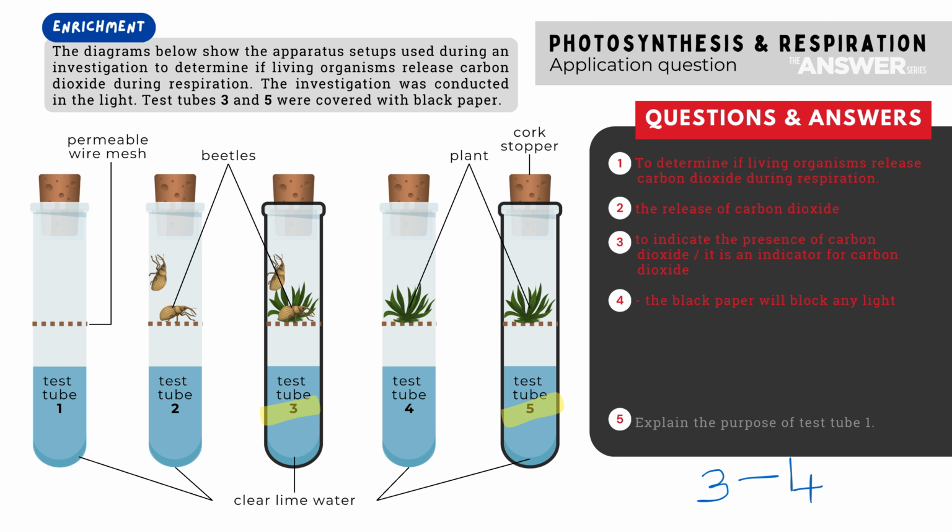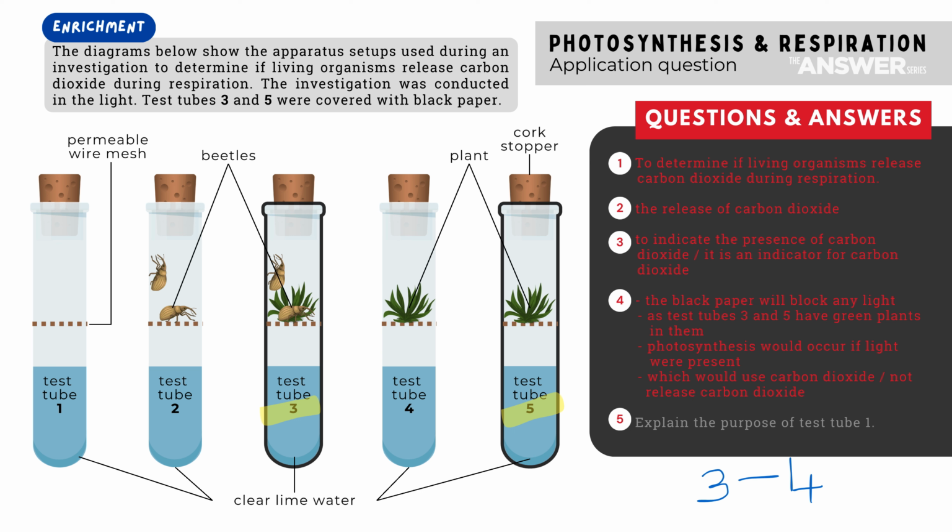Now, why would it be important to block the light in these 2 particular test tubes? Well, they both have a green plant in them. Why is that a problem? Because the green plant would photosynthesize if it were exposed to light instead of performing respiration. So photosynthesis would be the main chemical process taking place in that plant. If photosynthesis was happening, the plant would not be releasing carbon dioxide, but rather using it. And we want respiration to take place so that carbon dioxide may be released.